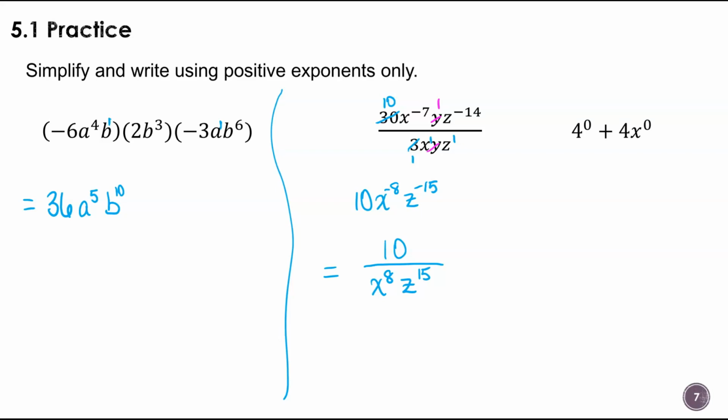And so now we have that one simplified. And last here on these, okay, so we know that 4 to the 0 power is 1, and then this is 4 times 1, so 1 plus 4 is 5, and then we're finished with that.